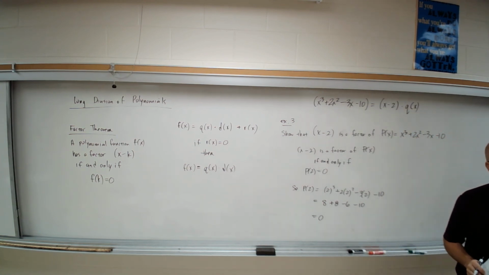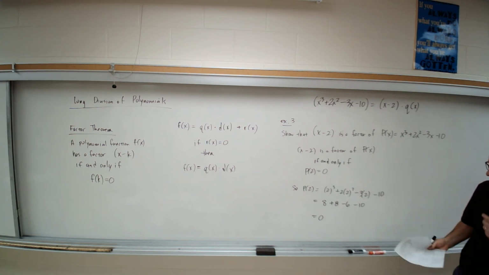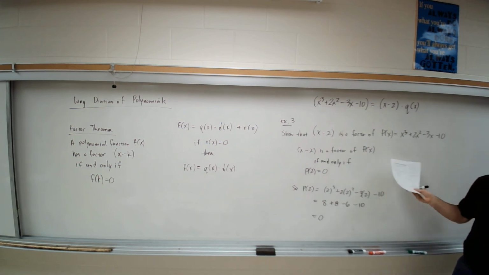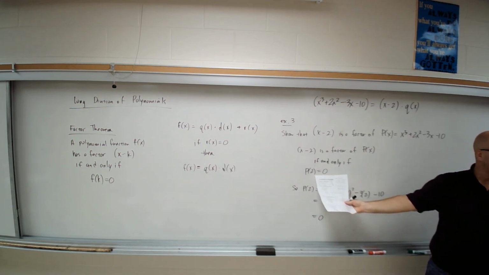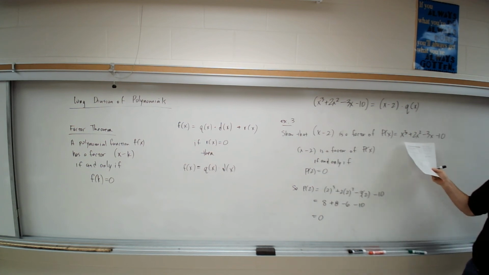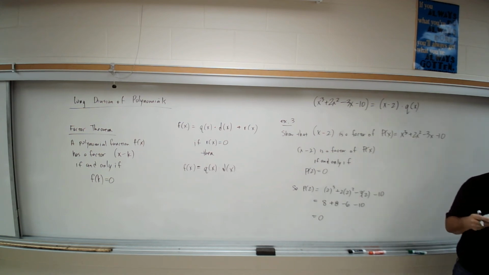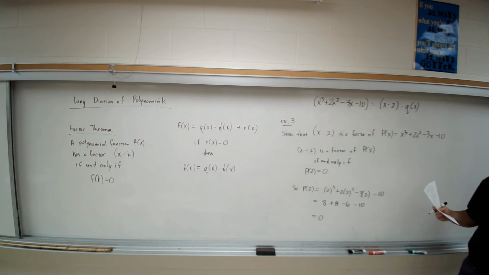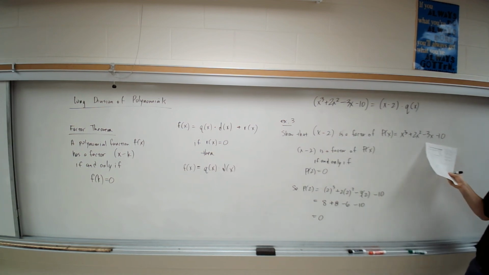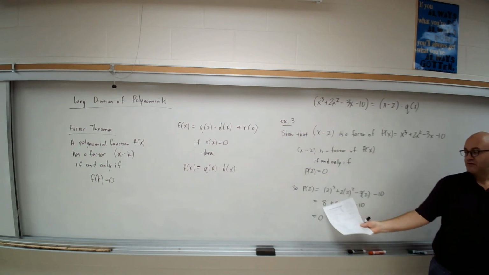Since we plugged in 2 and got an output of 0 from the function, 2 is a zero of this function, and that assures us that x minus 2 must be a factor of this function. We showed that when you put 2 in here, you get 0.